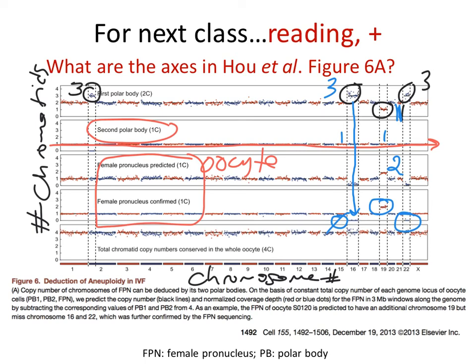The thing about the polar bodies that's useful is that they stay next to the oocyte, so you know which polar bodies went with which oocyte, because they're all together in a bundle. So if you pick an oocyte, you can actually separate the polar bodies. So you know for sure that if you get 4 chromosomes in the polar bodies, the oocyte's the one that's missing.